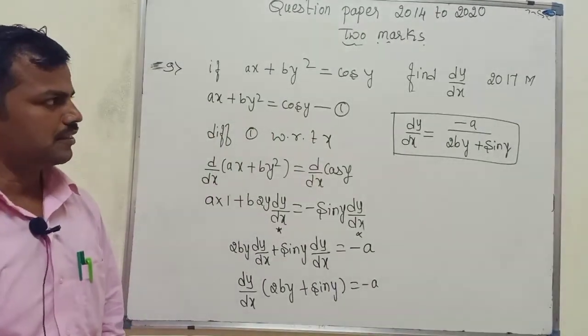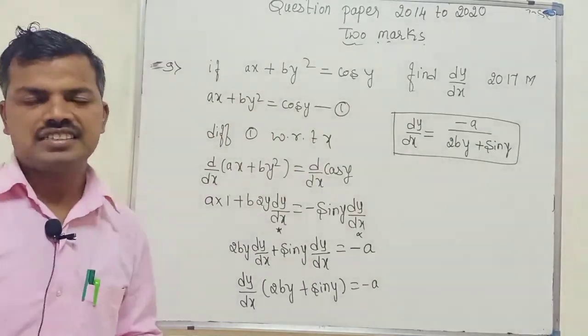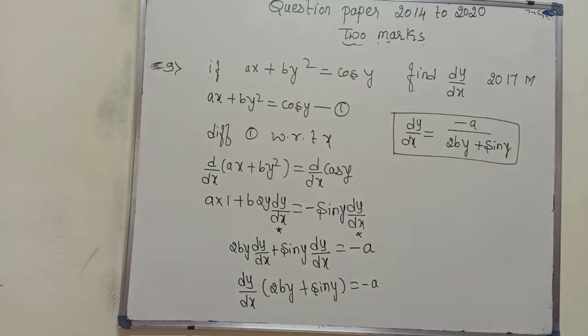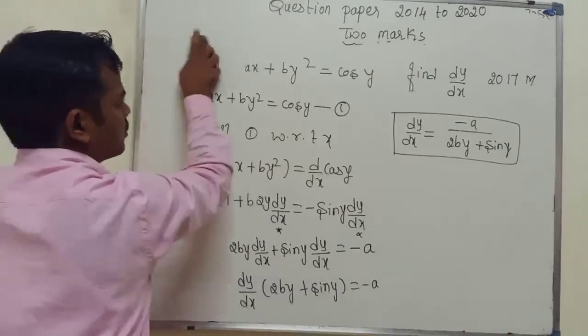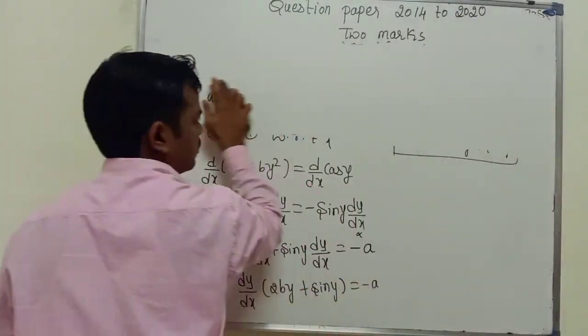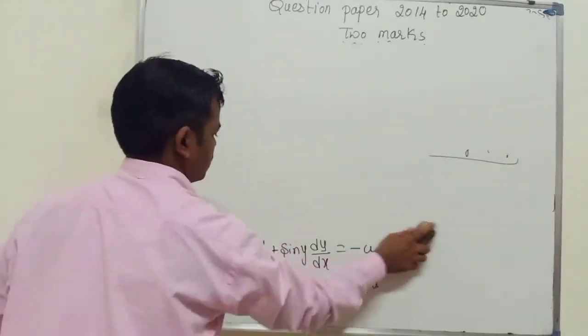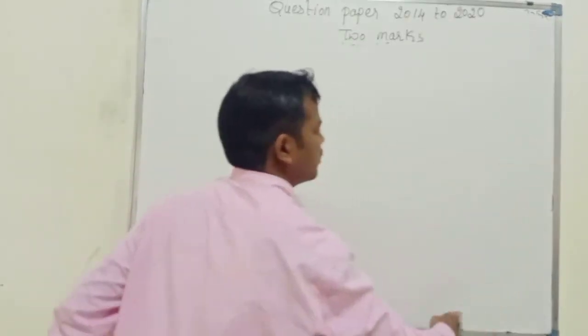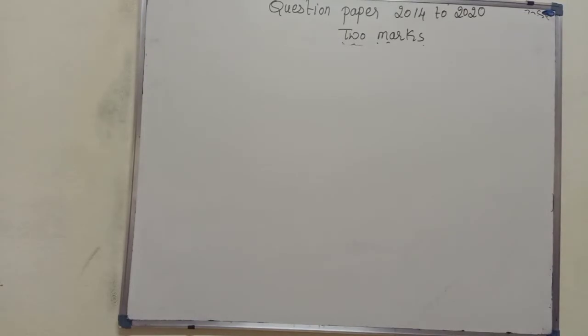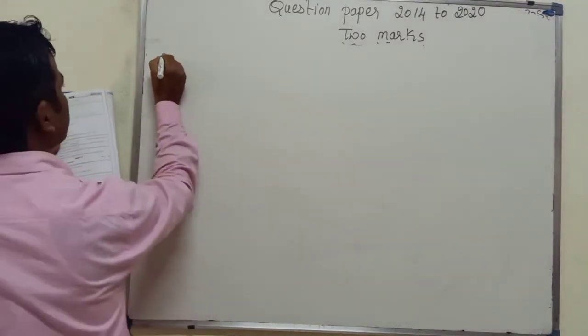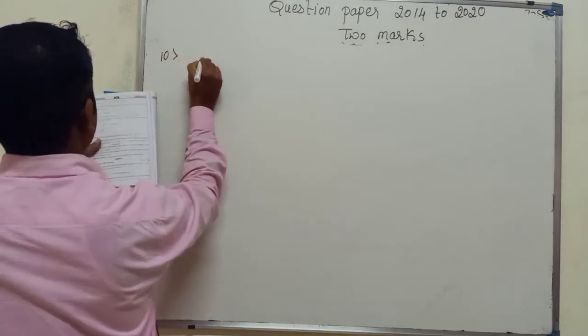That is 2017 March. Next, in this 2017 paper, they asked a certain question. Verify the Rolle's theorem. So that is the 10th question.